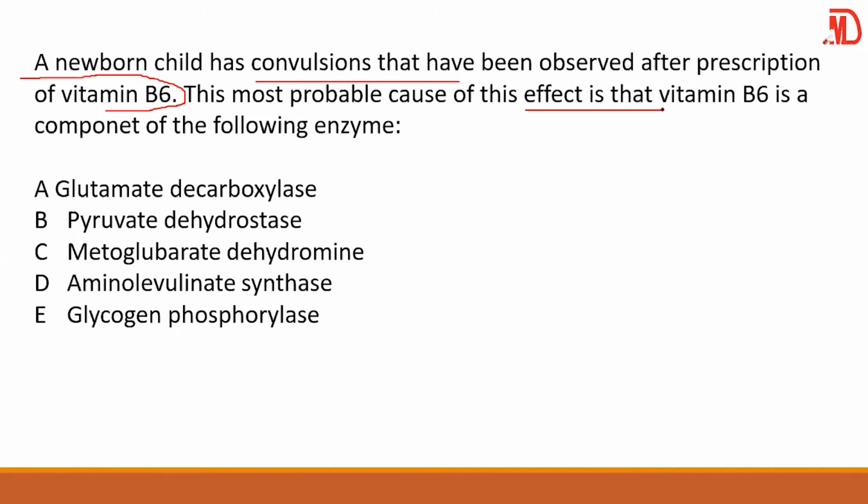So when you give vitamin B6, it promotes GABA formation, and hence reduces the convulsions present in this patient. So here we're definitely going for glutamate decarboxylase. So your answer is A.